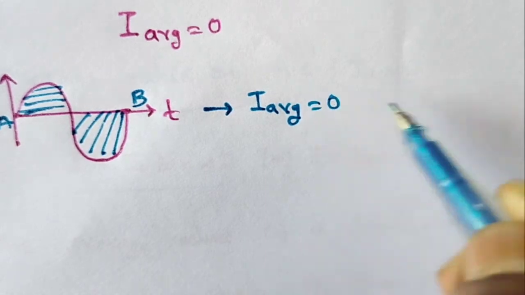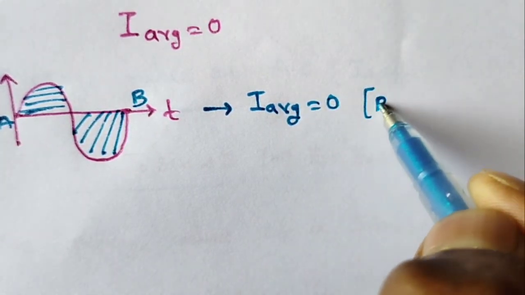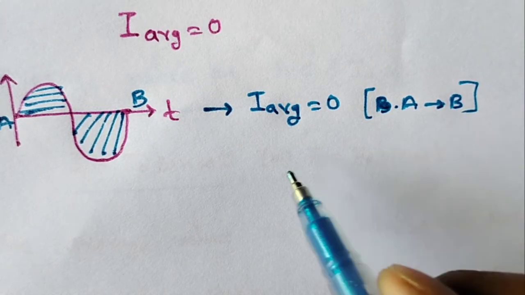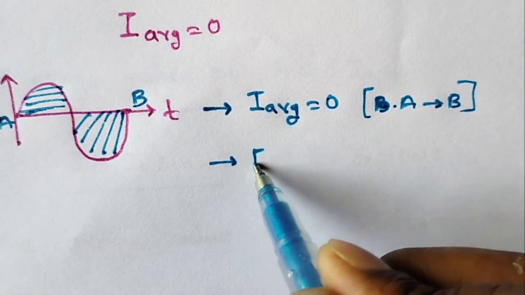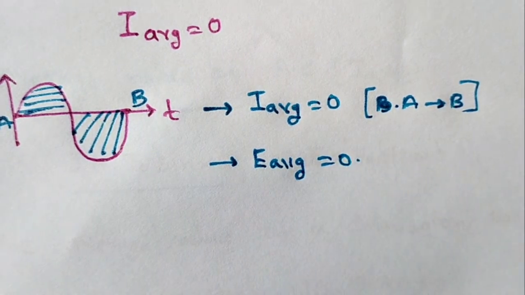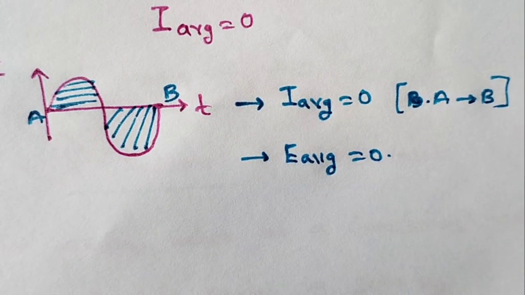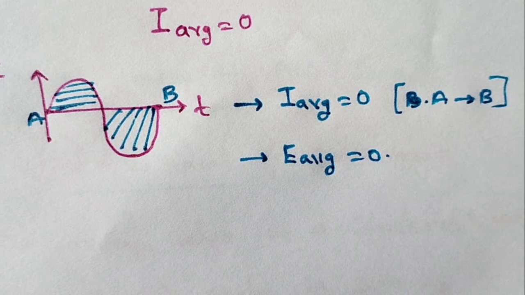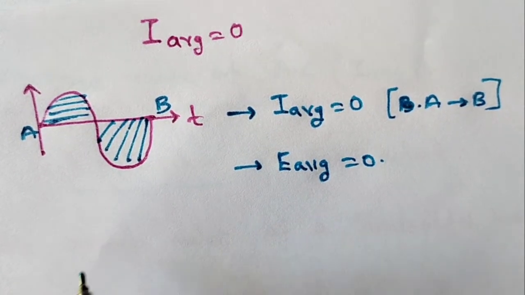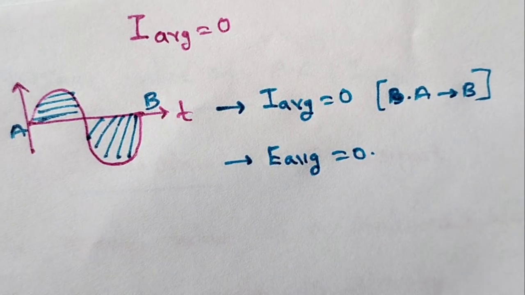It is equal to 0. And what is the voltage? E average is also 0, because I average is equal to 0, we know that very well. I will prove the equation for I average. Suppose I take the same diagram.